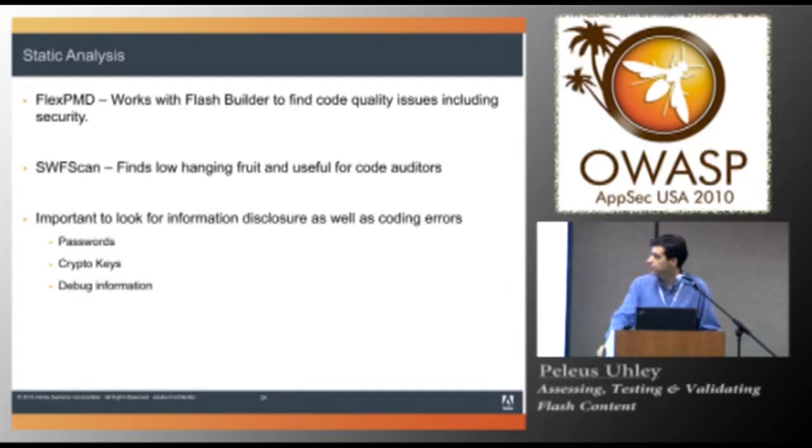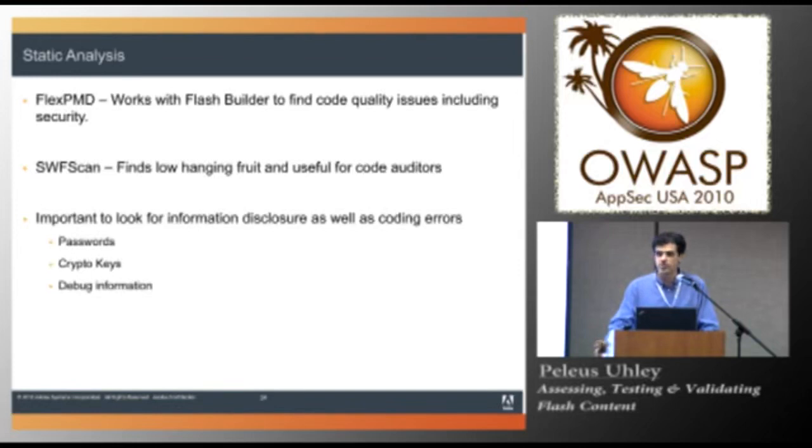There's this tool, SWFScan, which was published by HP. This is good for auditors. Developers tend not to like it, at least in my experience, because there tend to be more false positives, and the rules are geared towards erring on the side of caution. So it will flag a lot of issues that are of interest to you if you're a security auditor, but they may not be of interest if you're the person who actually wrote the code, because you already know what it does.